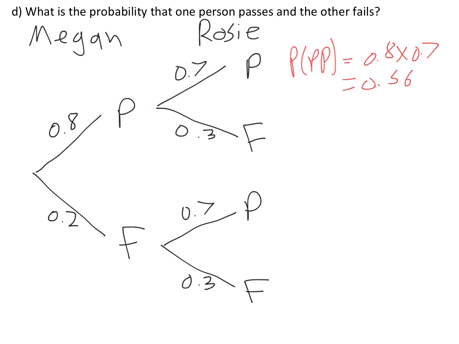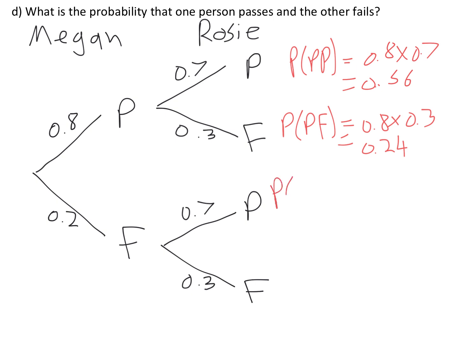The second option is pass and fail. Megan passes, but Rosie fails. So that's what that branch means. Probability of pass for Megan, but a fail for Rosie. And that would be 0.8 times 0.3. If you just read off the branches, 0.8, 0.3. So that gives 0.24. The next option is that Megan fails and Rosie passes.